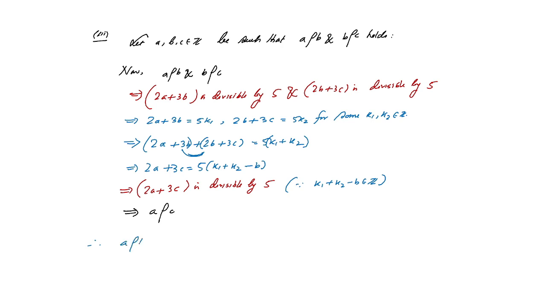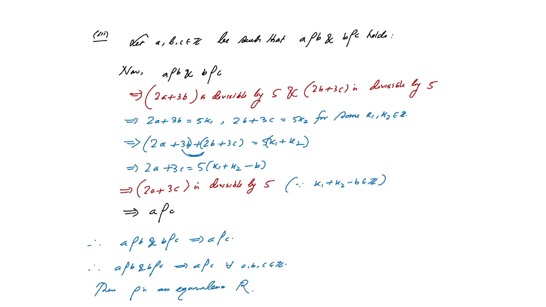So A rho B and B rho C implies A rho C for all A, B, C belonging to Z, as A, B, C are arbitrary. Thus rho is a transitive relation on Z.